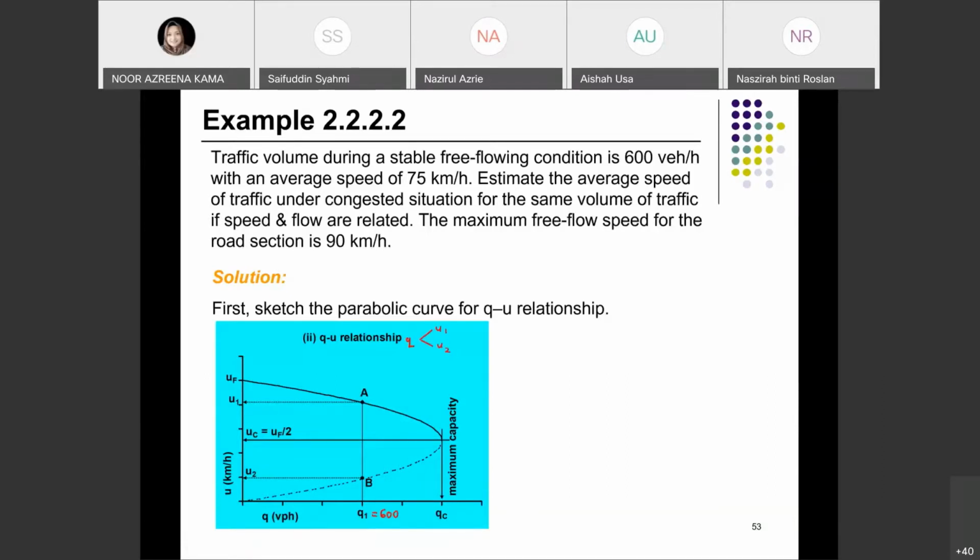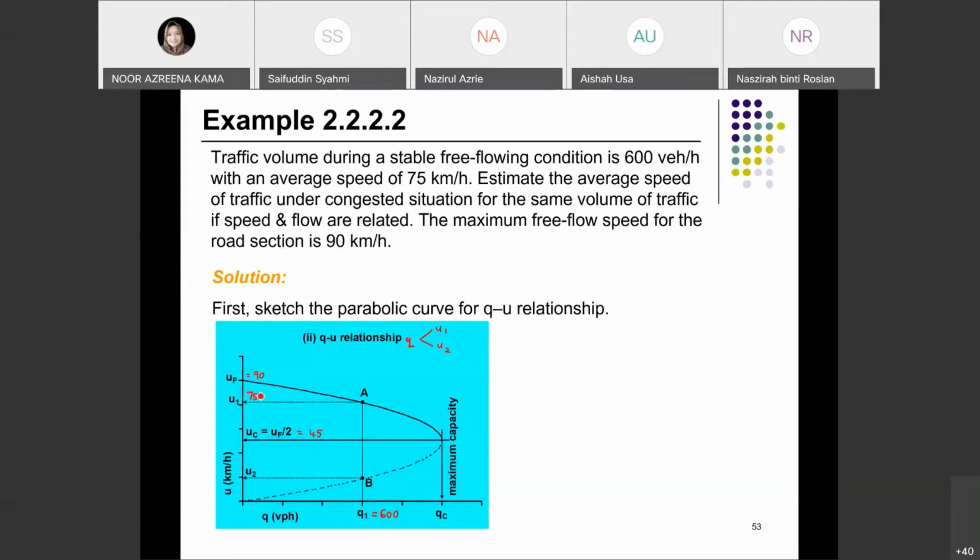So at Q1 akan ada U1 and U2. So UF ni kita tahu 90, given. Even you can calculate as well the UC. UC ni 45 lah, 90 bagi 2 kan. Dan kita tahu pun U1 given 75.